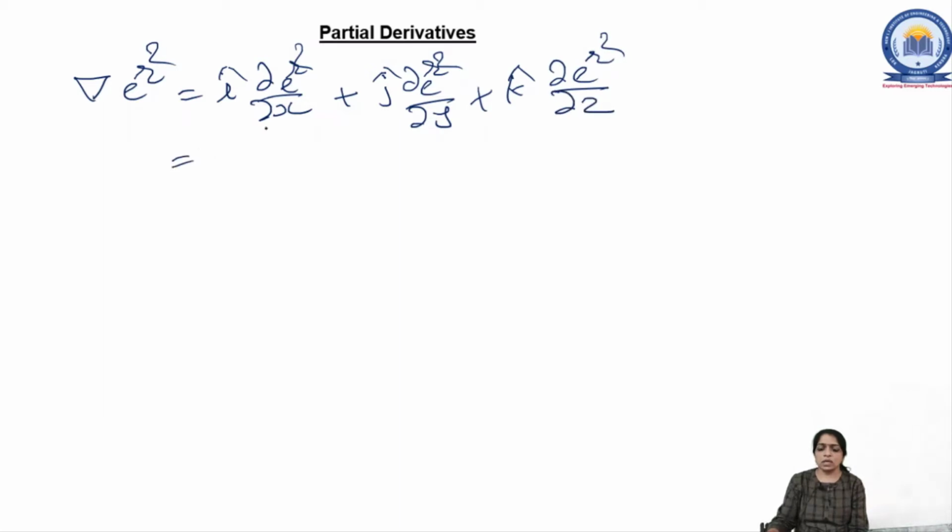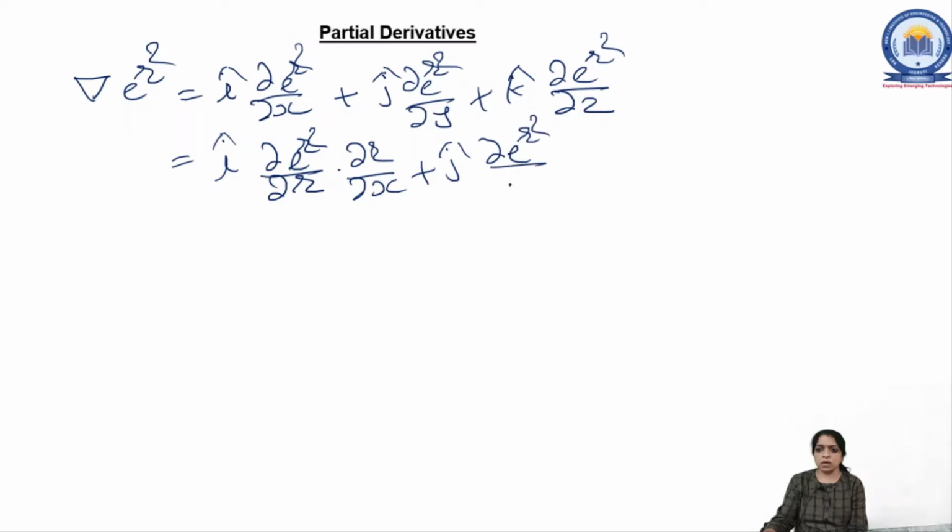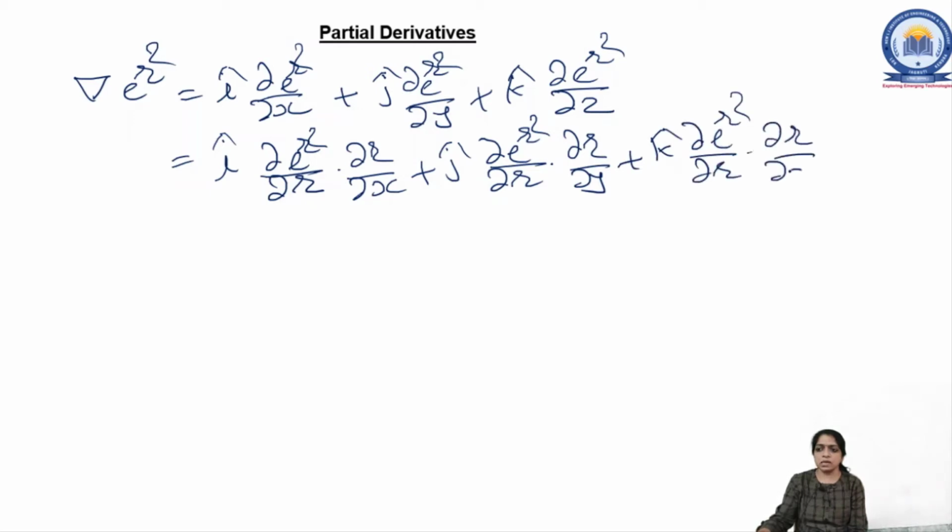Here we are using the chain rule: i, del e raised to r squared upon del r into del r by del x, then j, del e raised to r squared upon del r into del r by del y, plus k, del e raised to r squared upon del r into del r by del z.